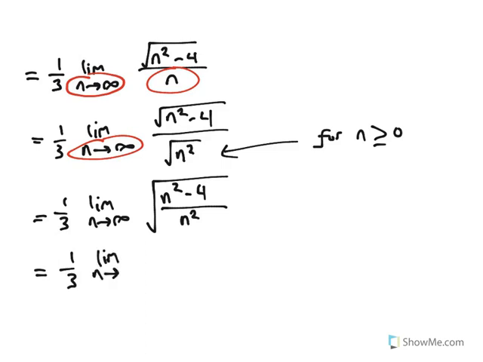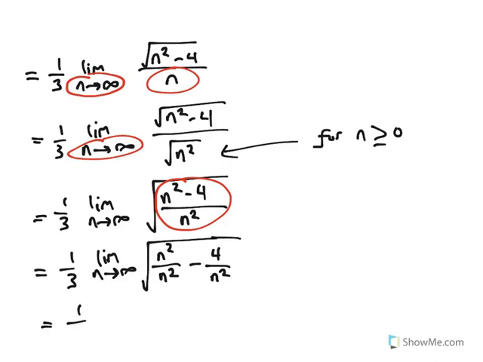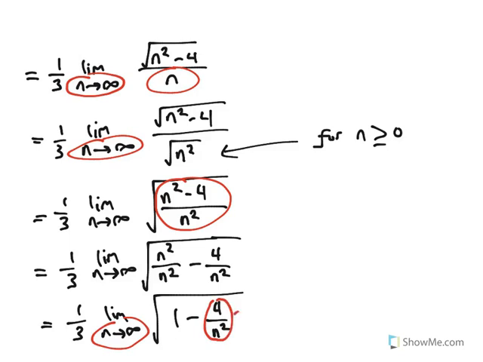So what happens now as n goes to infinity? You're going to rewrite the radicand here as n squared over n squared minus 4 over n squared. And of course, n squared over n squared is 1. And now we've gotten it to a point where we can evaluate the limit. As n goes to infinity, 4 over n squared will go to 0.